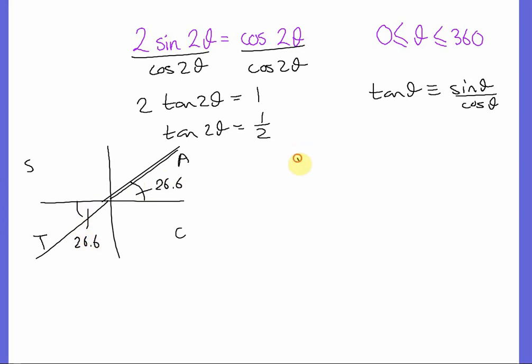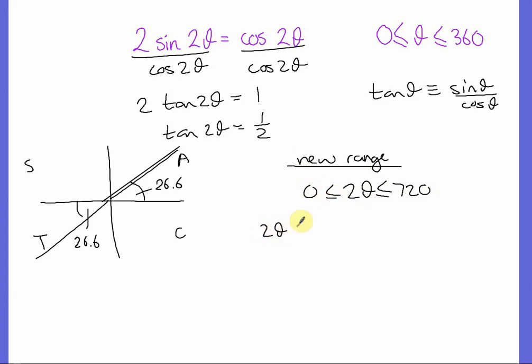Right, but we have to go and look at a new range because we've got this range change, this stretch in the theta axis, or the theta values being halved. So we don't have to worry about drawing the transformation of the graph, we can just change it on our CAST diagram and then basically undo it. So we're going to go from 2 theta up to 720 in as low as 0.